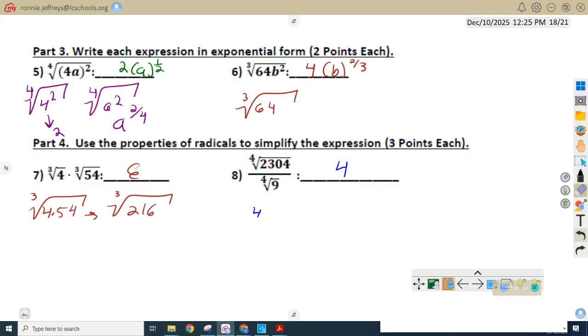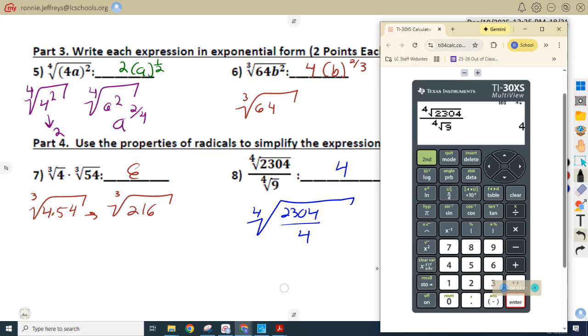Okay. Two, 3, 0, 4. So 2, 0, 0. 2, 3, 0, 4.